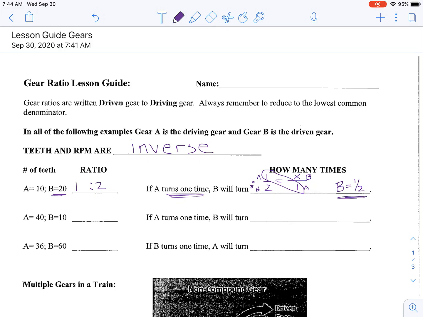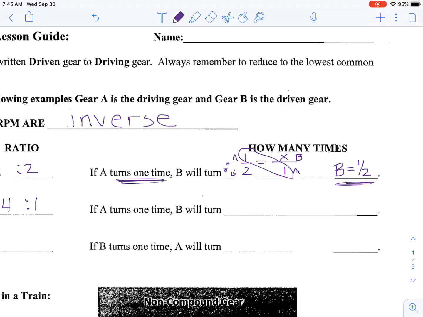So for the next one, our ratio would be 40 to 10, but we would reduce it just like it were a fraction. 10 will go into both of those, so I'm down to 4 and 1. So checking how many times things will turn, we set up our inverse proportion. Remember, 4 to 1, and I always put a little note out here so I remember which one is which.